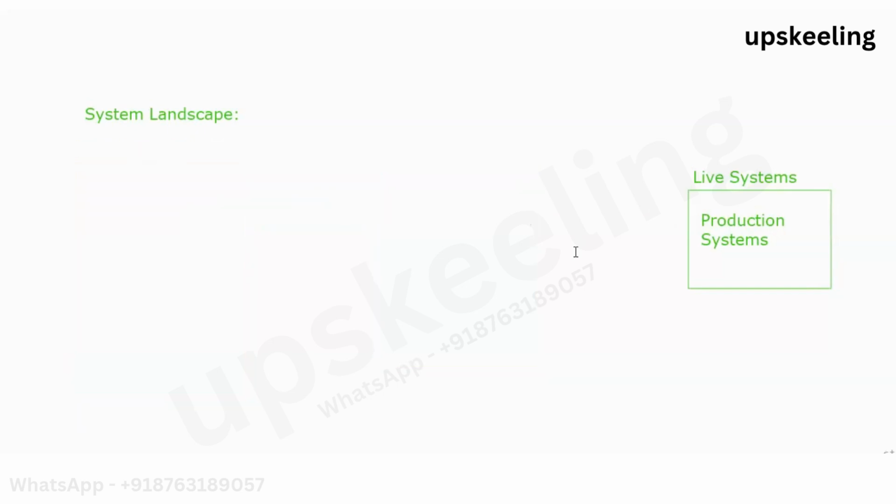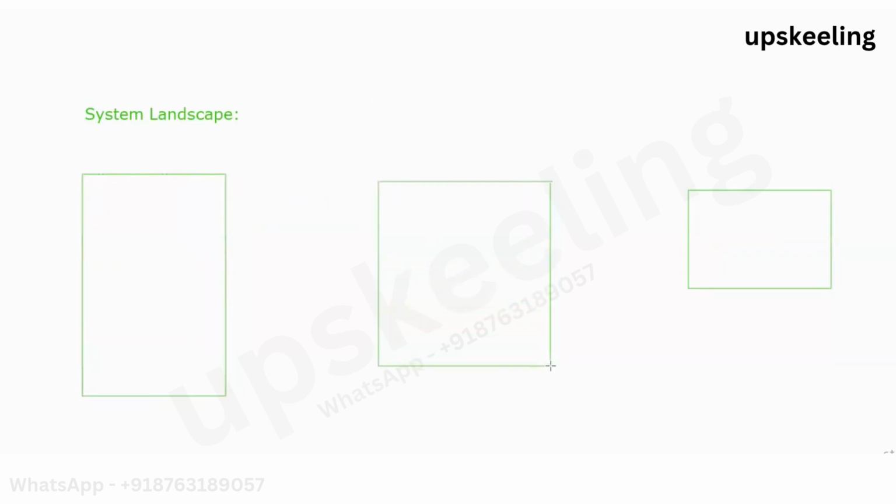So what I will do, I will start writing it as development environment. Since I have multiple things, multiple development systems, multiple test systems, that is the reason I am naming it as environment.